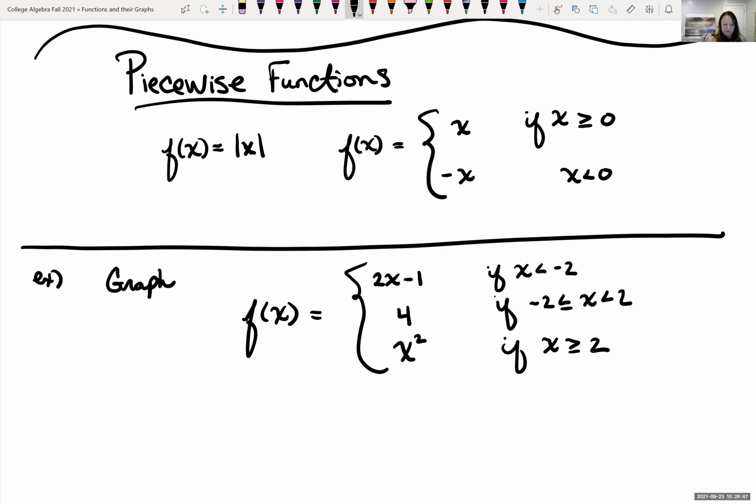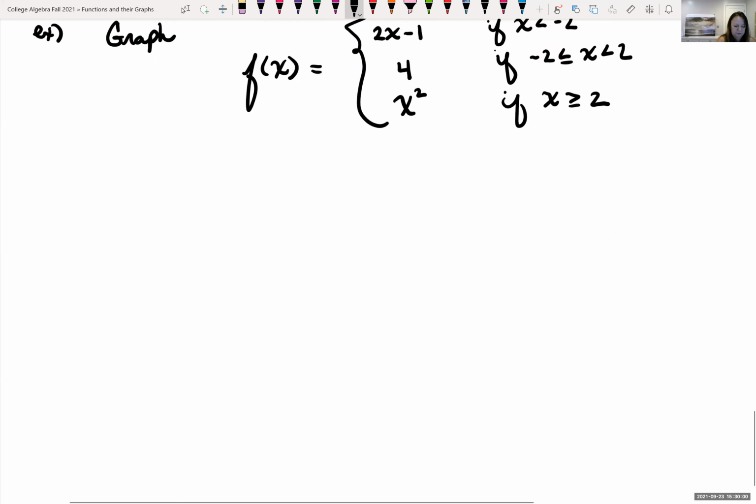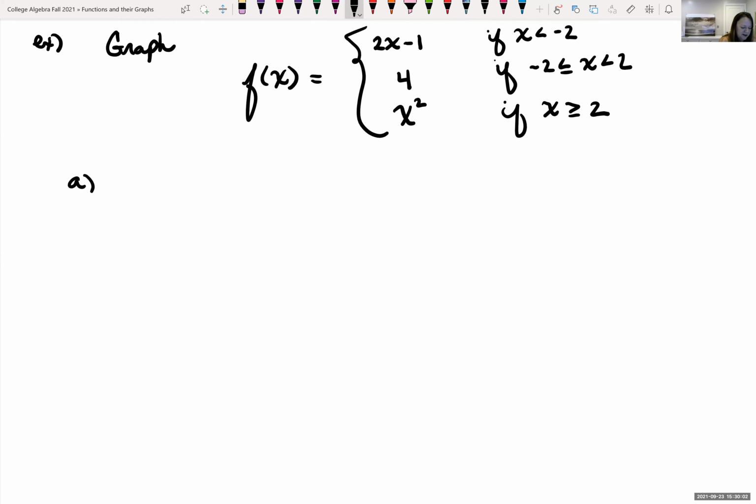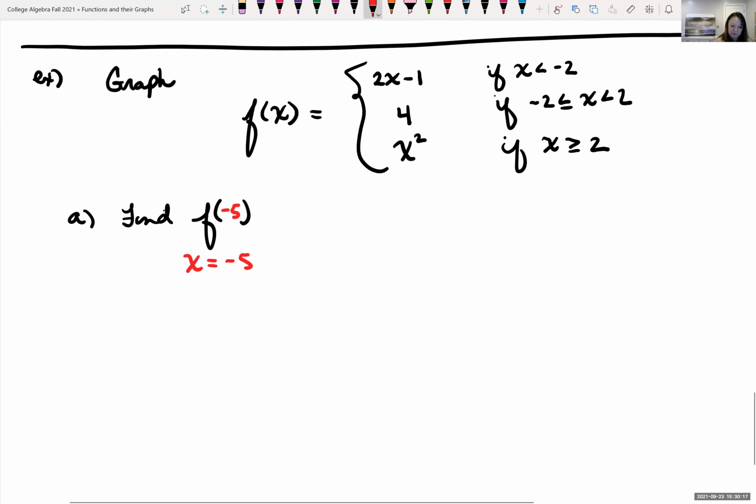So depending on what number we're plugging into the function depends on which equation we're going to use. What domain does it fall into for that piece? So for instance, if it asked you to find f of -5. Well, x equals -5, I would see which inequality that is true with. If I plugged it in, is -5 less than -2?